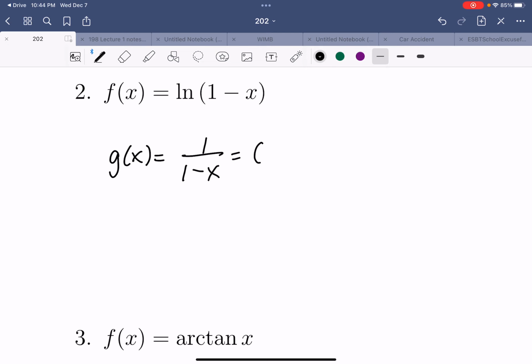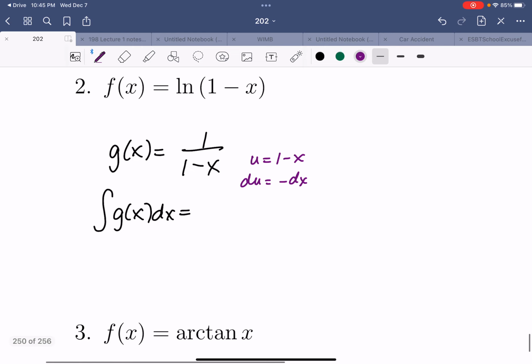So if I think about what is the integral of g of x dx, then this is a baby u-sub, so little u is going to be 1 minus x, and du is negative dx. So that means this is the same as the integral of 1 over u times negative du. The antiderivative here is natural log of u with a negative.